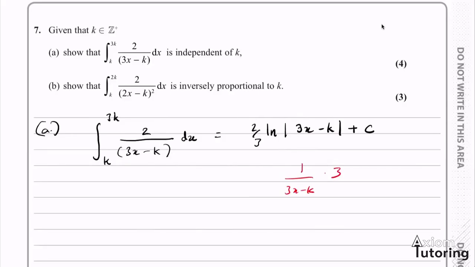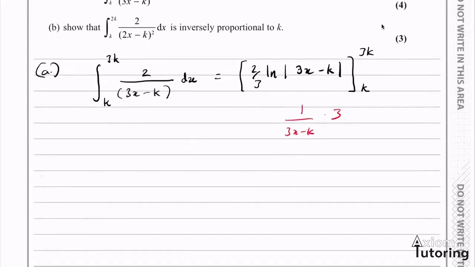Now, we have limits, so the plus c doesn't really matter in this case because we're evaluating this result between 3k and k. So if we do that, we can rewrite this a little bit. Let's bring the constant out. So 2 over 3 ln of 3x minus k between 3k and k.